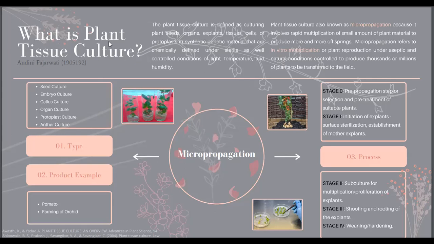For seed culture, the explant comes from plants that are already cultured and grown under in vitro conditions. So if it's seed culture, it's the seed itself, but for embryo, the explant is the inside of the seed. That's the difference between embryo and seed culture.